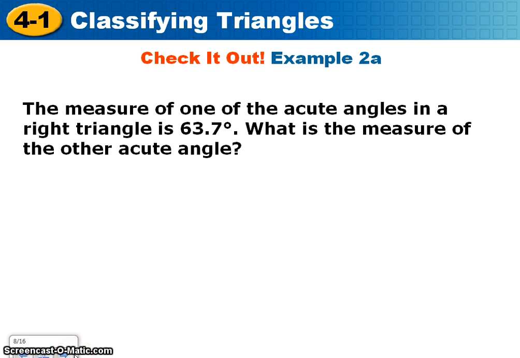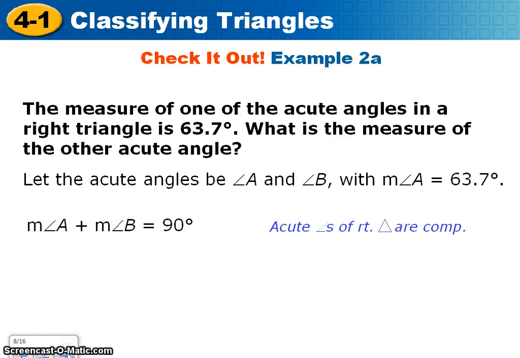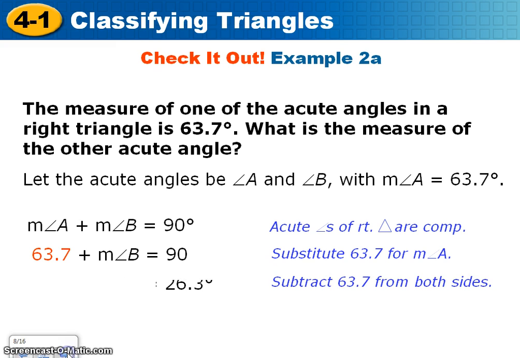If one of the acute angles in a right triangle is 63.7 degrees, the measure of the other acute angle is going to have to be 26.3 degrees.